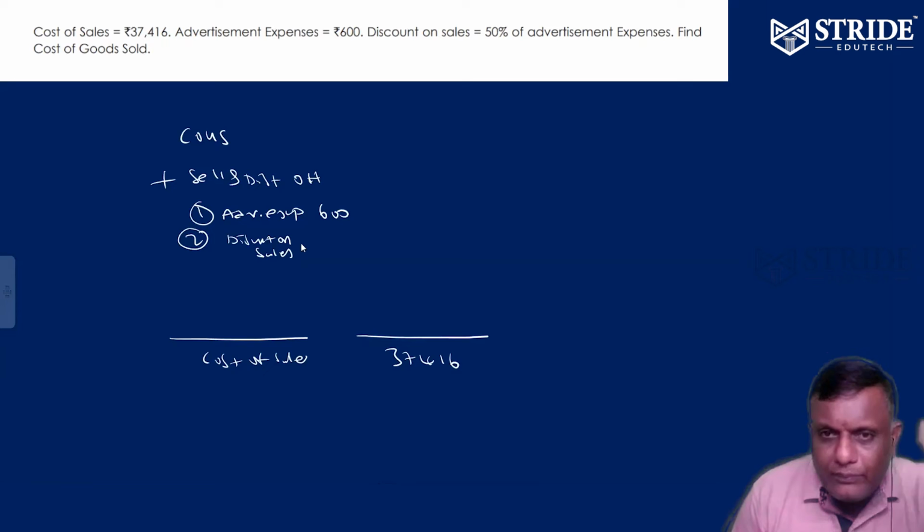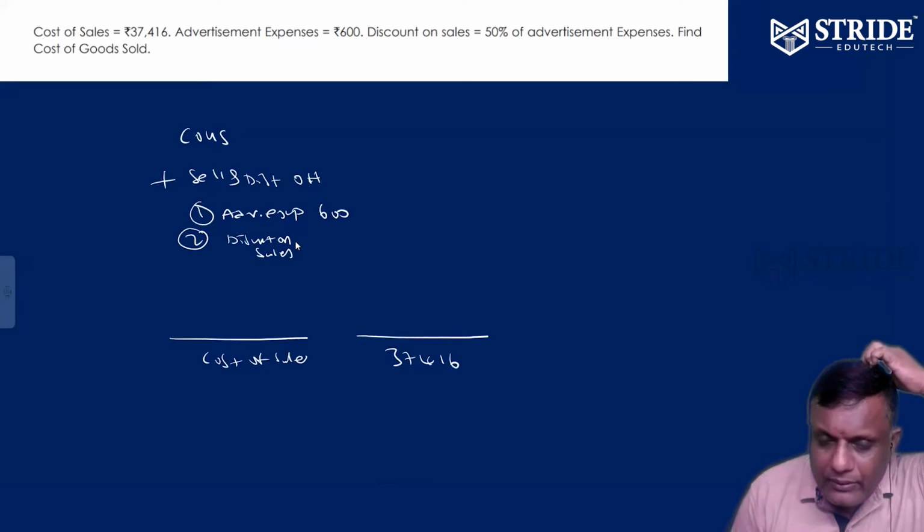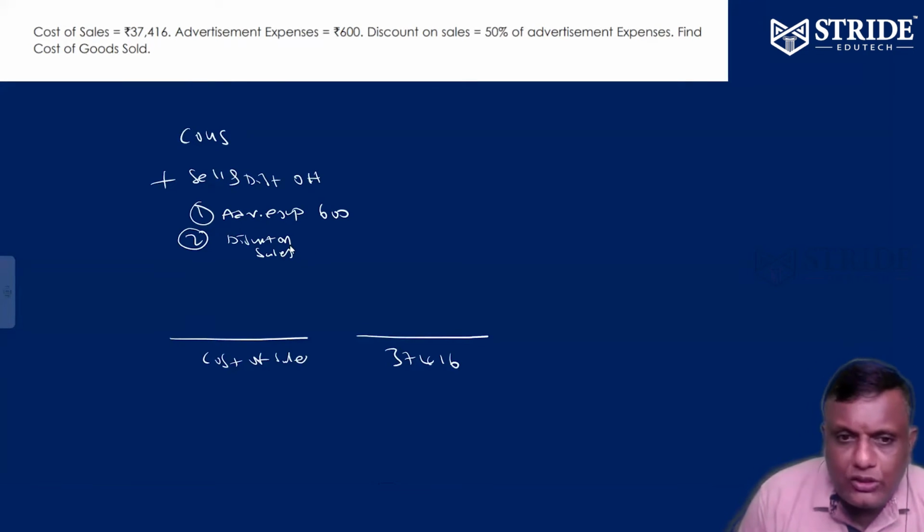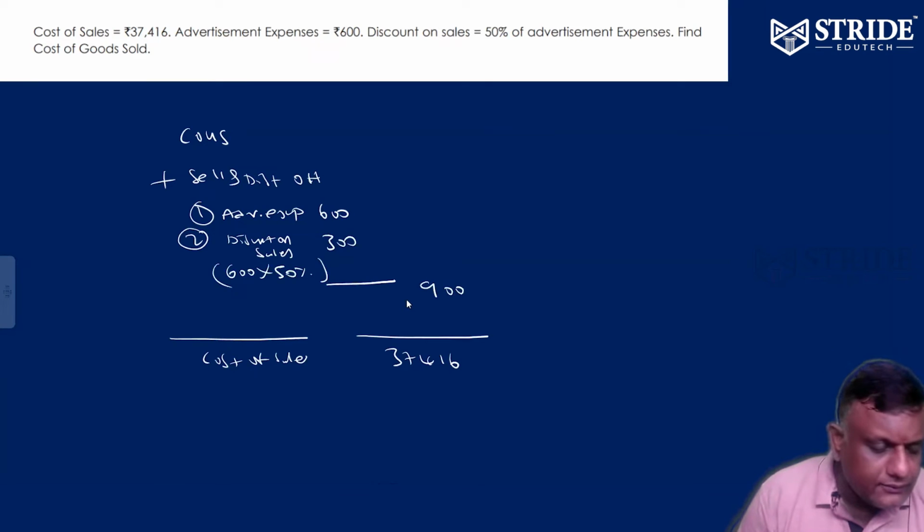Some people say it's a selling overhead, some say no need to give any discount on sales, so two opinions are available. Here you can assume it's a part of selling overheads. 50% of advertising expenses, 600, is 300. So 600 plus 300 is 900.